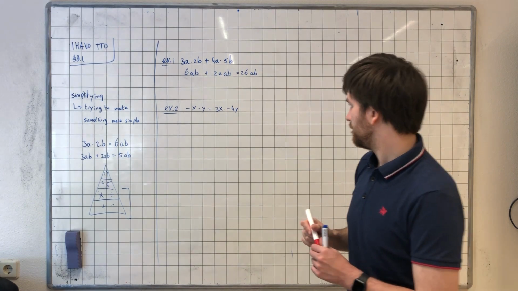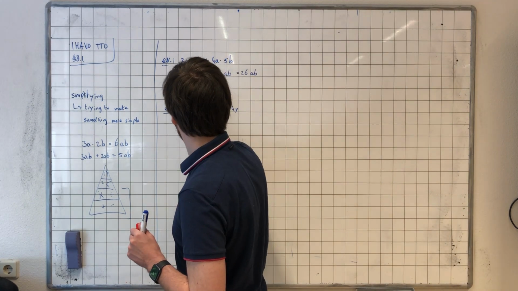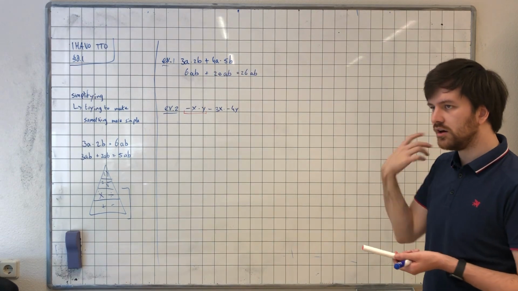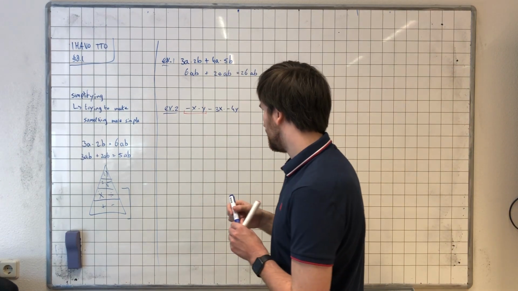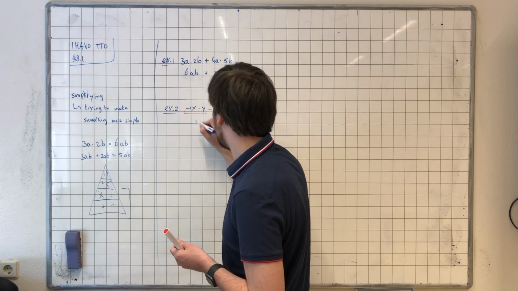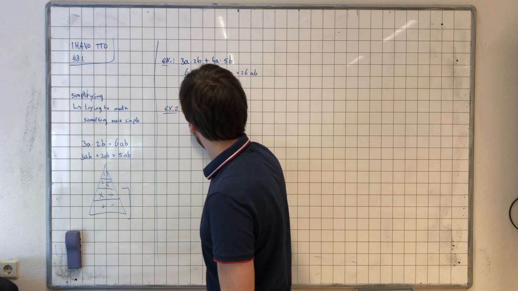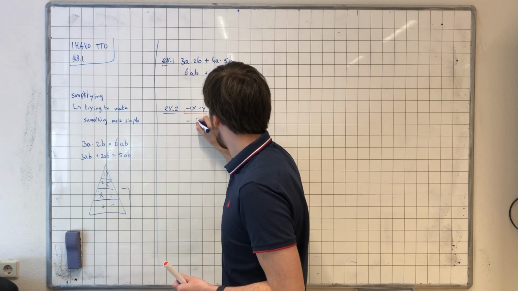So let's see. The first one, minus x times y. This might be confusing because there aren't any numbers. Well, actually they are hidden, because this is actually minus 1 and this is just 1. So minus 1 times 1 is minus 1, which is minus xy.